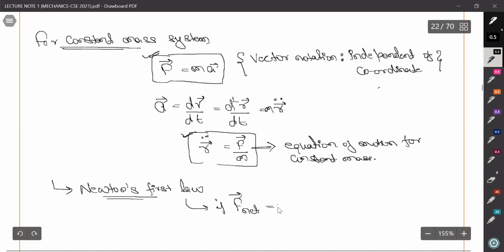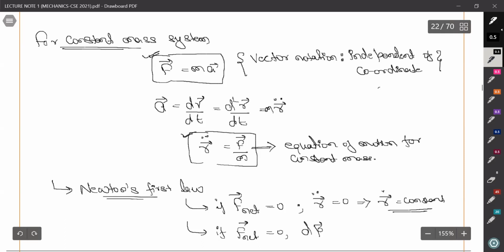If F net is 0, then r double dot will be 0. That means r dot will be constant. And what is this? The body is moving with constant velocity.